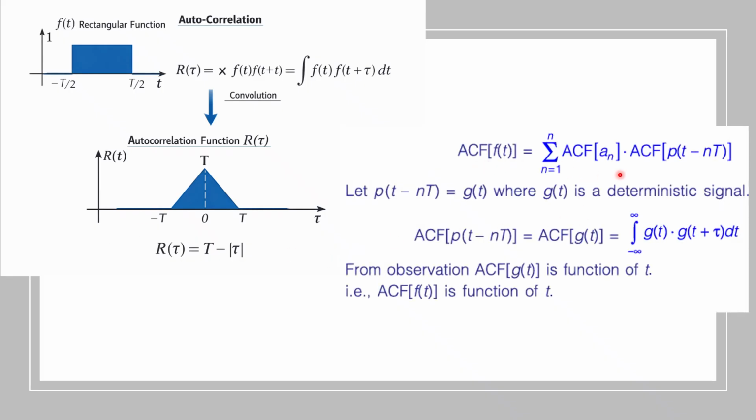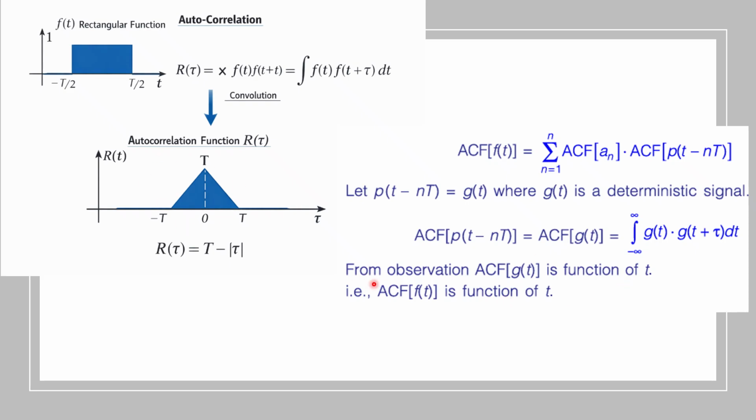Here the autocorrelation function you can find for p of t minus n of t. Suppose p of t minus n of t is equal to g of t. Then autocorrelation will be g of t into g of t plus tau, that is, the autocorrelation of g of t with g of t minus tau, right?